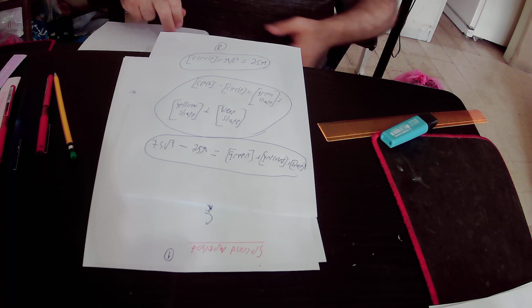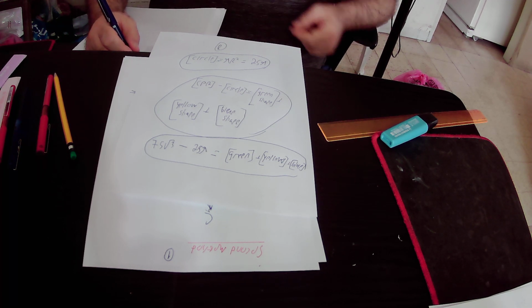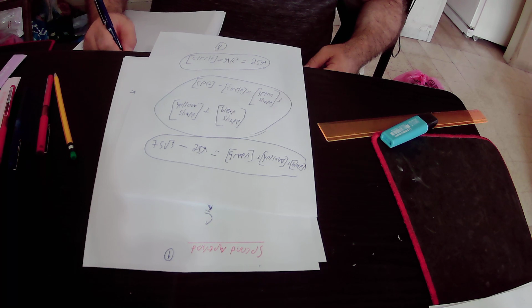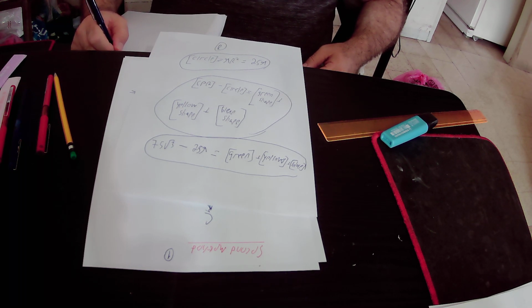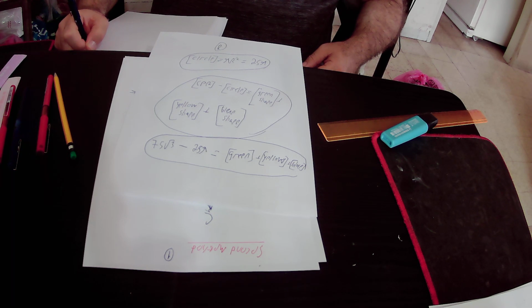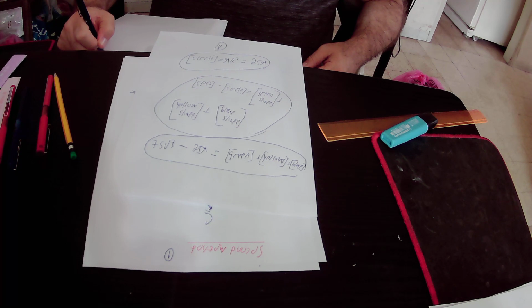So the area of the green shape will be equal to 75 times root 3 minus 25 pi, over 3.